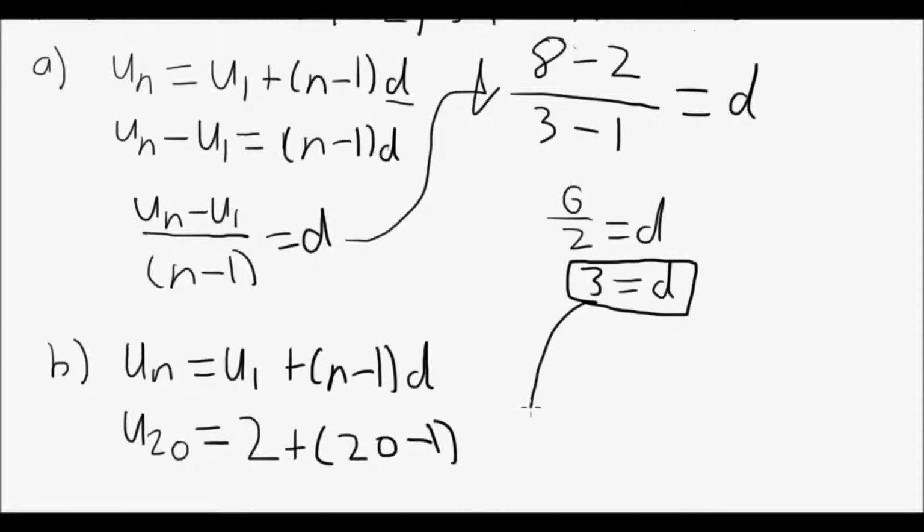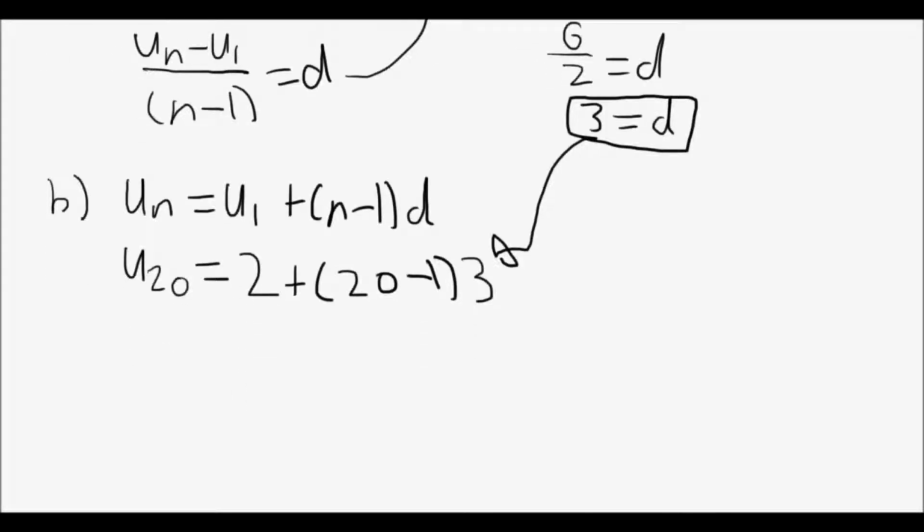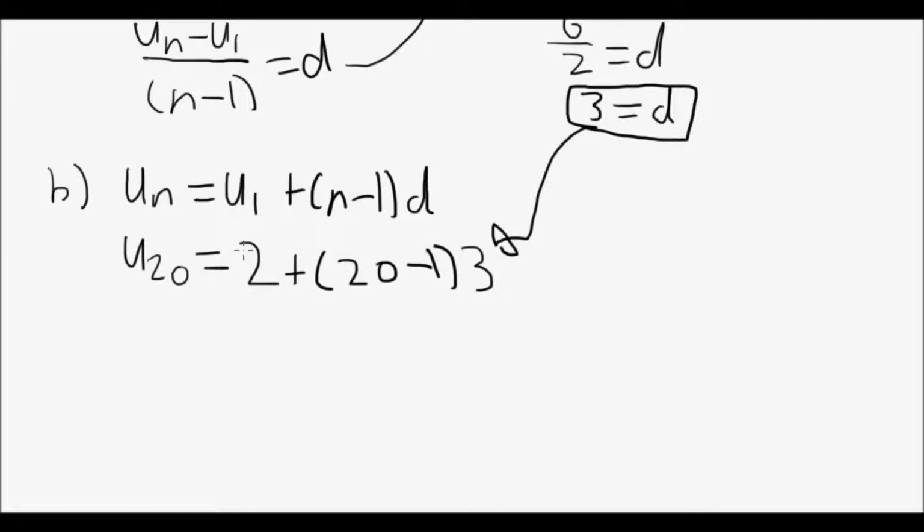So we're going to bring this right here and put 3 in there. Now that we have this, we simply simplify this side to find what the 20th term is. And again, this is algebra, so I will go right at it. So 19 times 3.